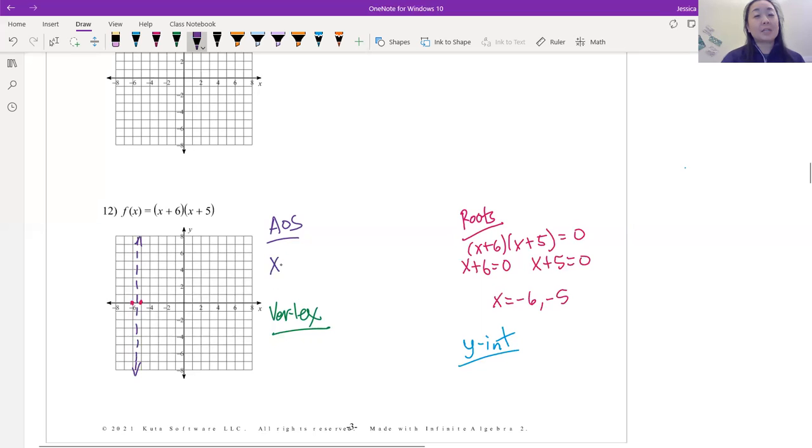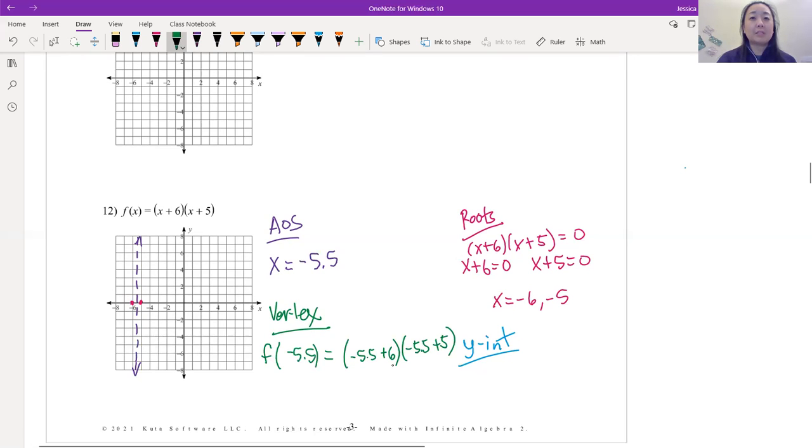So our AOS is going to equal -5.5, right? You see it's between -5 and -6, so -5.5, which means for our vertex we're going to have to do some calculations. So f of -5.5 is equal to -5.5 plus 6, and then -5.5 plus 5.